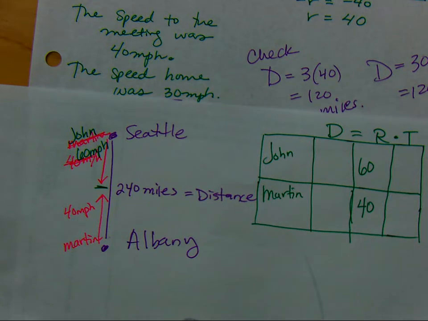Okay, do we know anything about the time? Isn't that what we're trying to find out? So our variable then is the time, isn't it? So we know that Martin is driving for a certain amount of time. Let's just call his time t. How much time compared to Martin is John driving? John's trying to catch up. So what do you know about John's time?